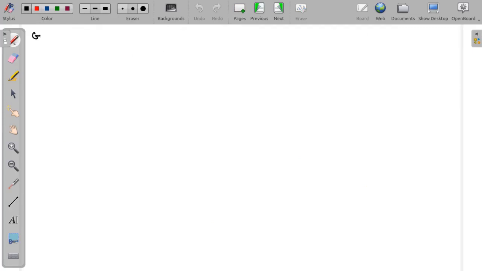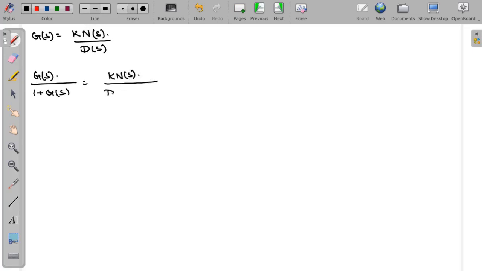So what did we see? G(s) is equal to K N(s) by D(s), and G(s) by 1 plus G(s). This is equal to what? This is equal to K N(s) divided by D(s) plus K N(s).